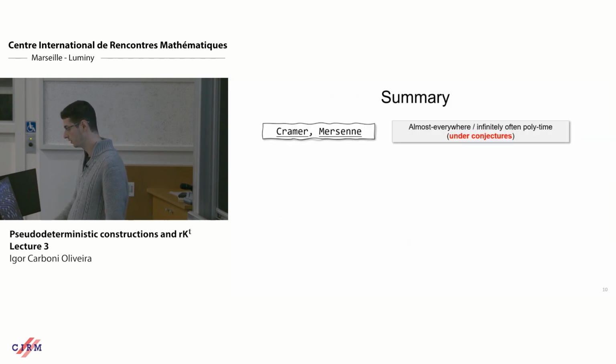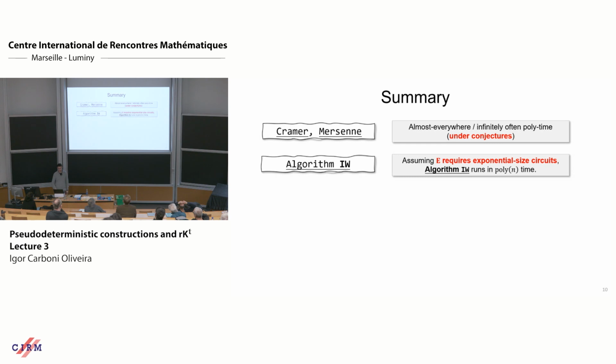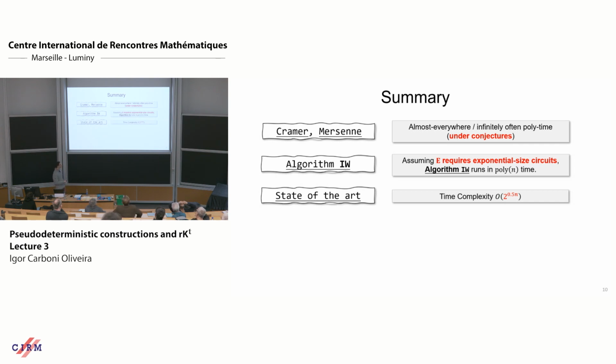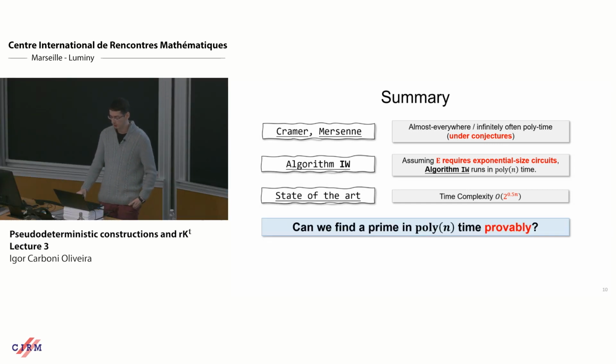Okay, so here's a brief summary. We have some constructions, and they succeed in running in polytime, but we need to make assumptions, some of them about number theory, some of them about complexity. But the state of the art for unconditional results remains 2^(n/2). So that's our challenge. Can we find an n-bit prime in polynomial time provably?